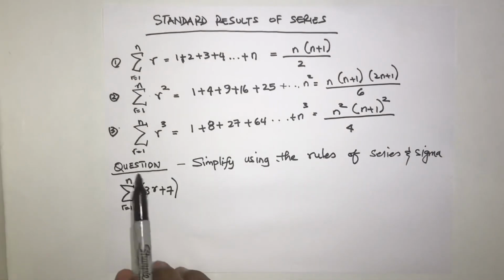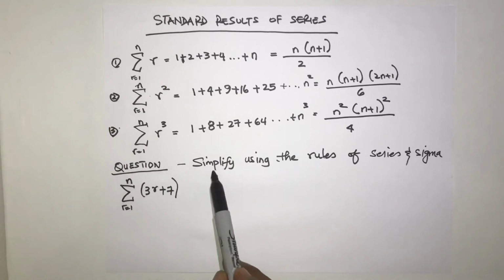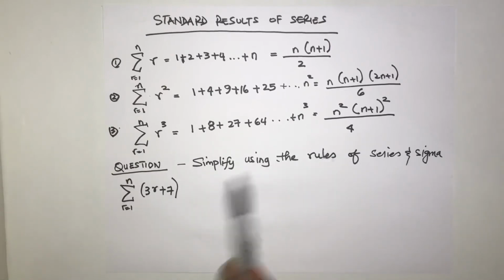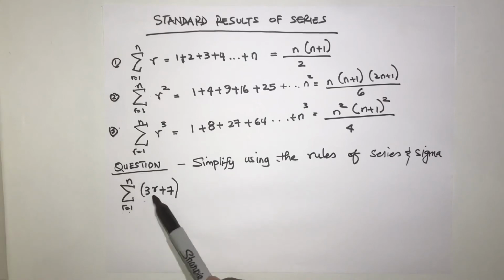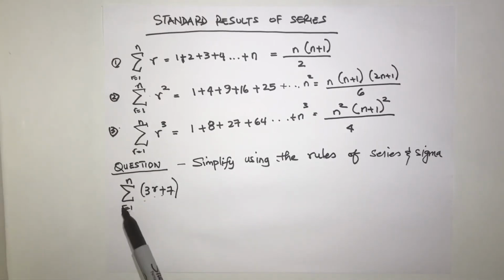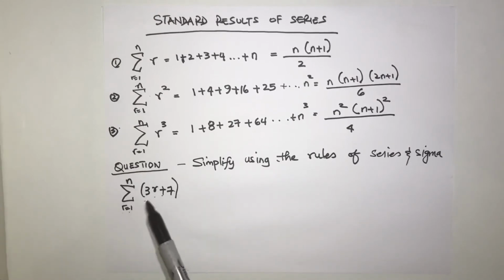Now let us consider this question, which says that we should simplify using the rules of series and sigma. The question is to simplify the summation of r equals 1 to n of 3r plus 7. Looking at this, we realize that we can split this based on the rule, I think the first rule that was given.